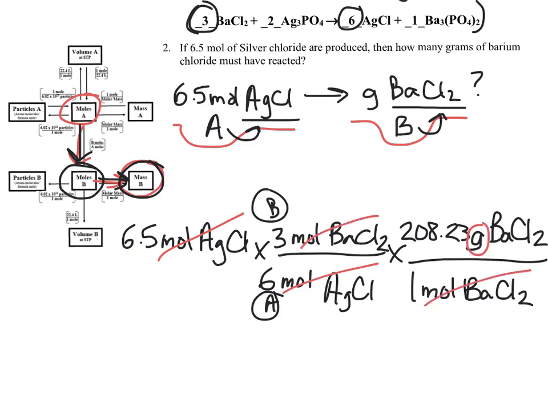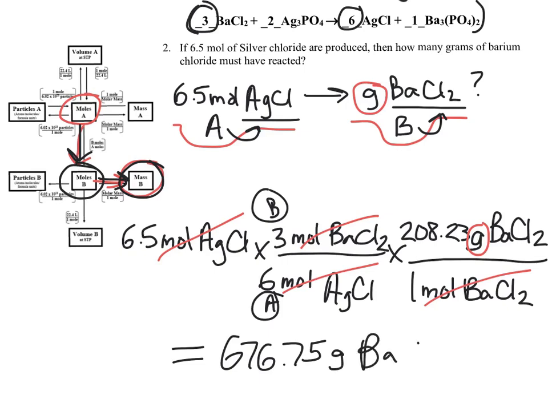Are you left with grams, which is what you're solving for? Yes. So we are good. Multiply everything by the top, divide by everything on the bottom, and you should end up getting about 676.75 grams of barium chloride. There we go. That ended up being a 2-step problem instead of a 3-step problem, but hope that made sense.